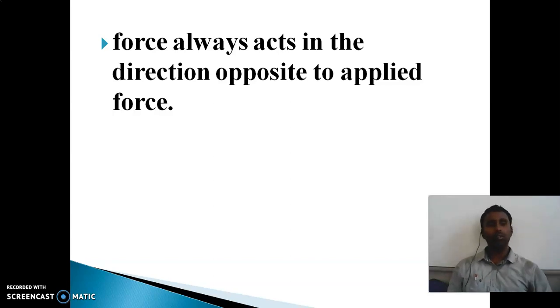In which case can the ball cover the maximum distance? Can you guess? Of course it covers more only on the tiles, because tiles are very smooth.